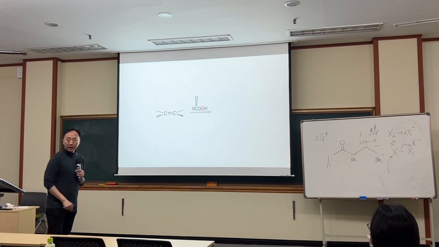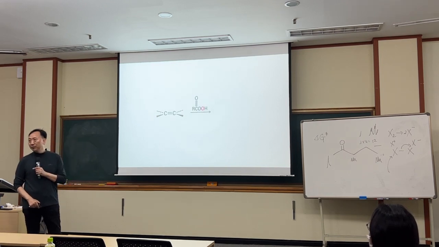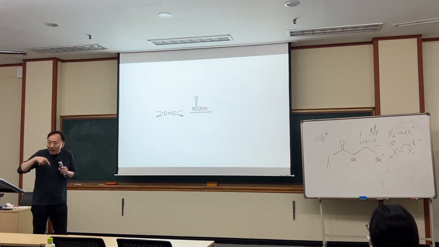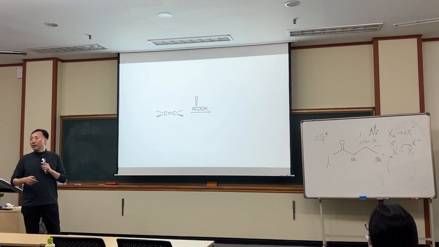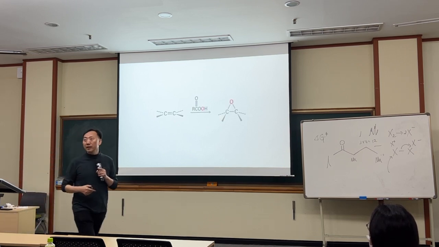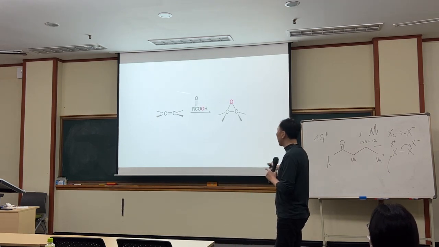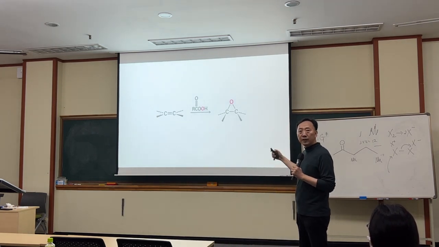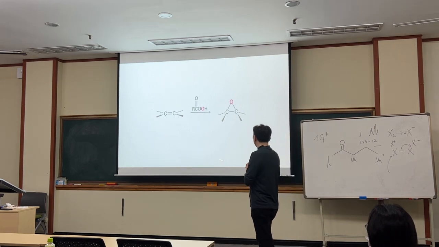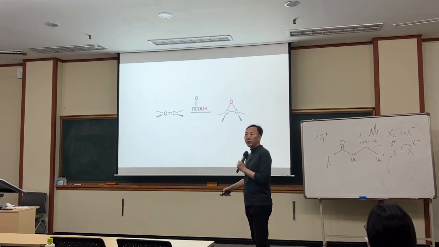If you add MCPBA, then what is your product? One oxygen is added to form an epoxide. It's an addition of one oxygen over here. The epoxide is a reactive intermediate, and it can be attacked by another nucleophile and then ring opening can happen.